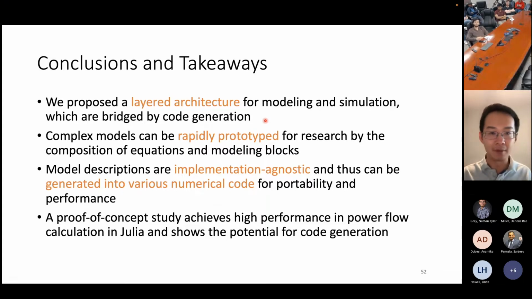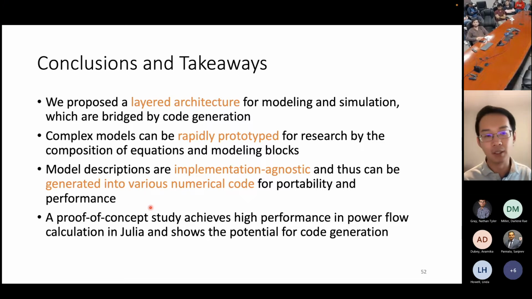We propose a layered architecture for modeling and simulation, which are bridged by code generation. Complex models can be rapidly prototyped for research by the composition of equations and modeling blocks. And model descriptions are implementation agnostic and thus can be generated into various numerical code for portability and performance.